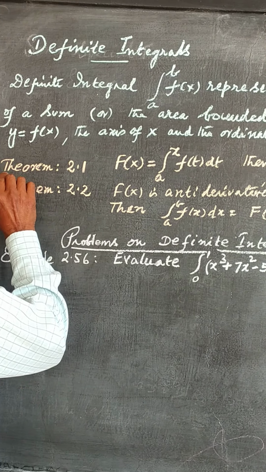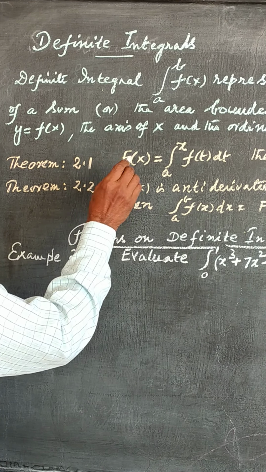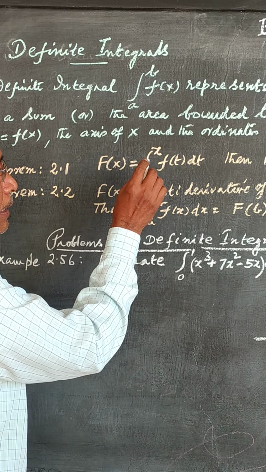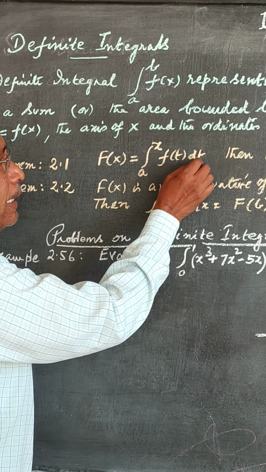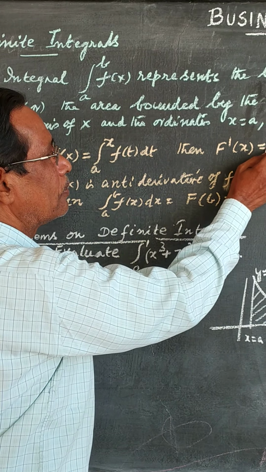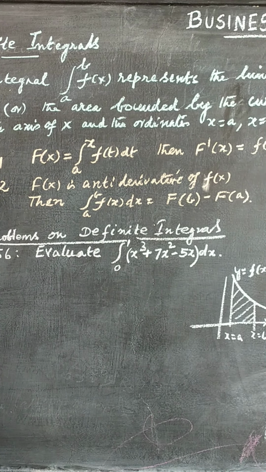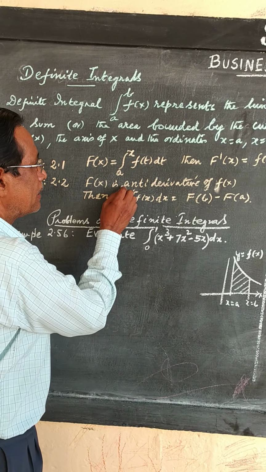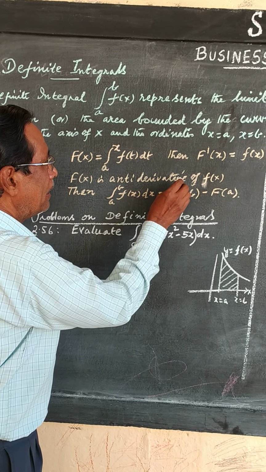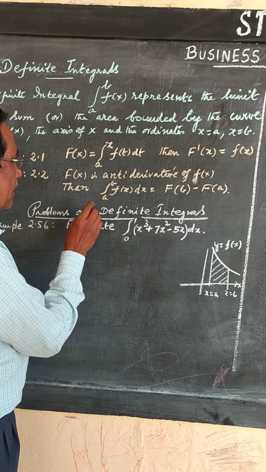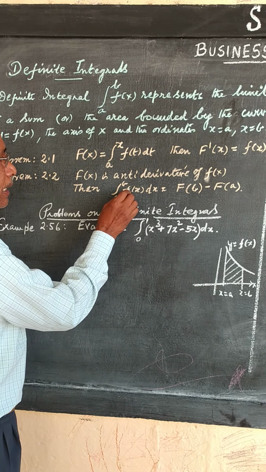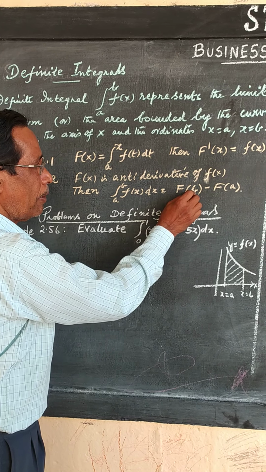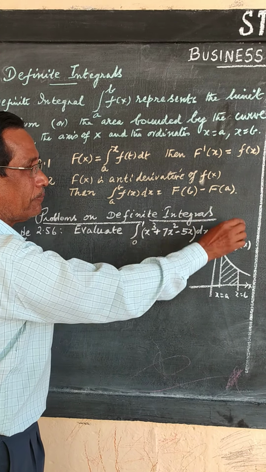Now theorem 2.1: if capital F of x is equal to the integral from a to x of f(t) dt, then F dash of x is equal to f(x). This is a theorem. And theorem 2.2: if F(x) is an anti-derivative of f(x), then the integral from a to b of f(x) dx is equal to F(b) minus F(a).